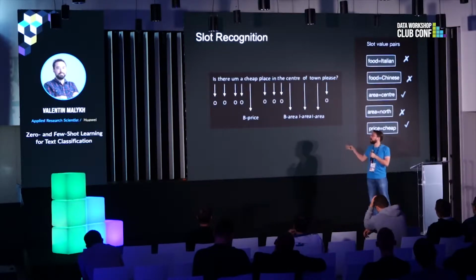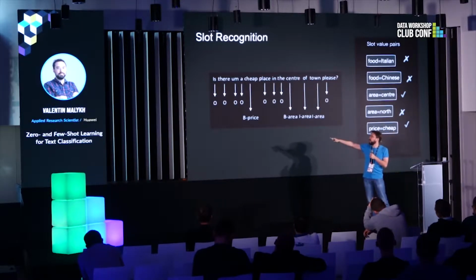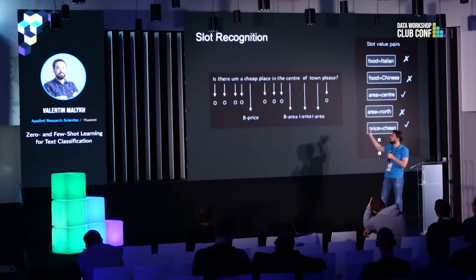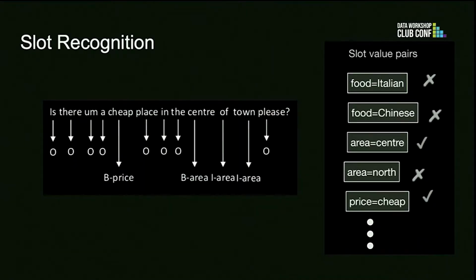Here they are represented by tags B-price, B-area, and so on. So the idea here is that we have some markup which is marking the words in the sentence. But this is only the first part.